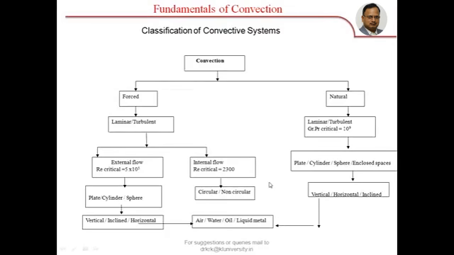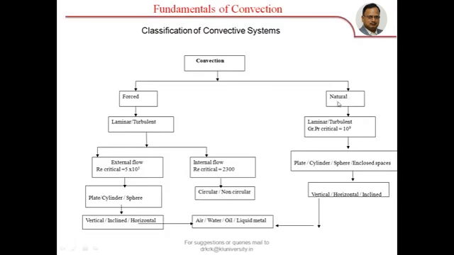Now, before going to the other topics, let us have an overall look at the convective systems. Convection is of two types, forced convection and natural convection. When velocity or mass flow rate is involved, the fluid is flowing, it is called forced convection.